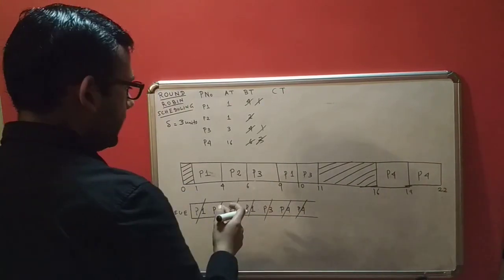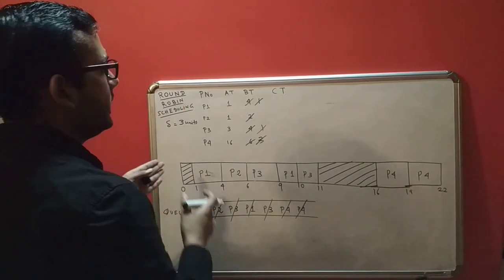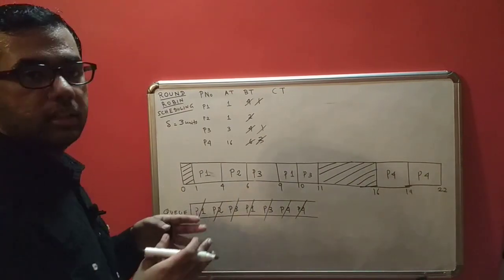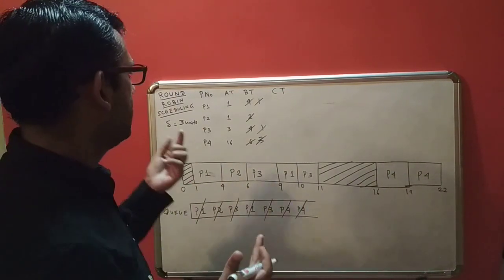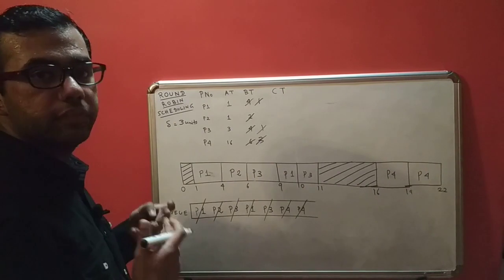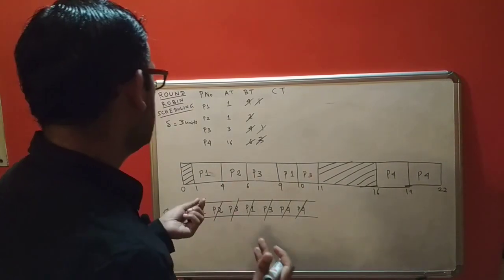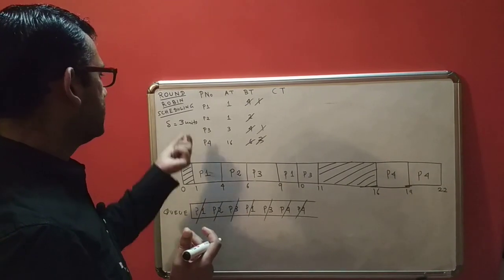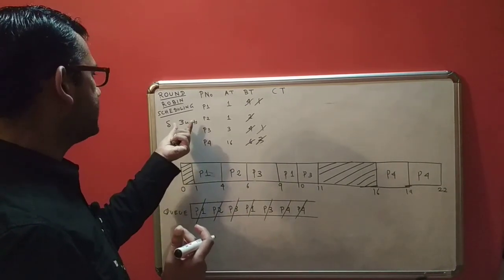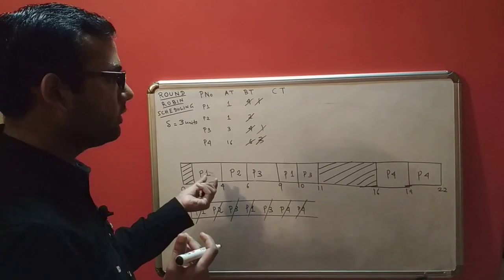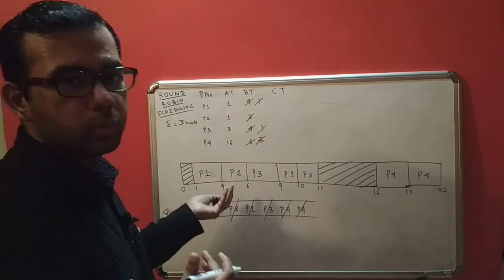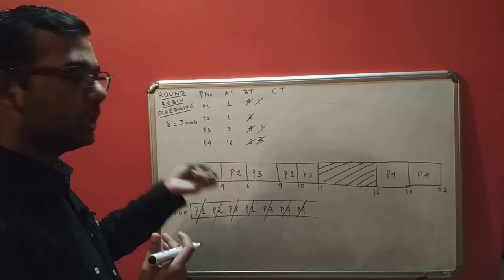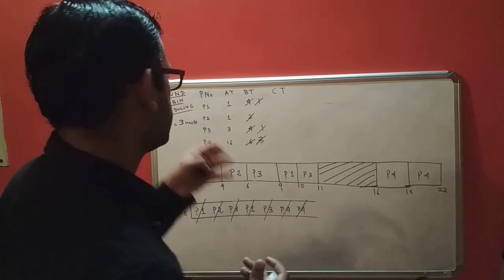Now see, as I mentioned right at the beginning, round robin scheduling is a preemptive CPU scheduling algorithm. That means while the process is still running, if it exhausts its time quantum, then it will have to give up the CPU, or the CPU will forcefully be taken away from it and given to some other process.